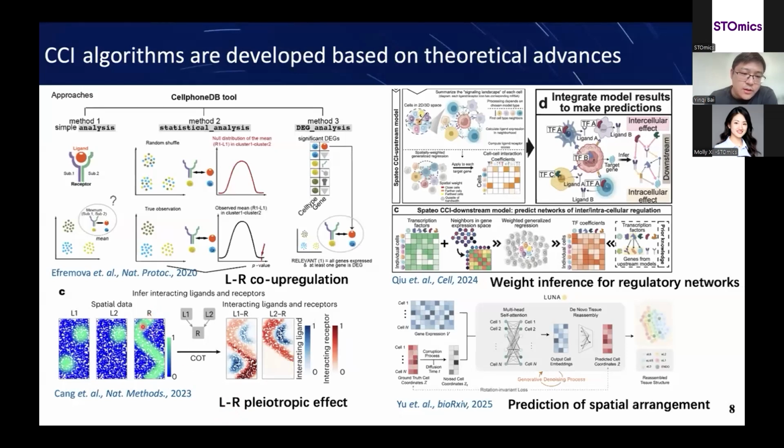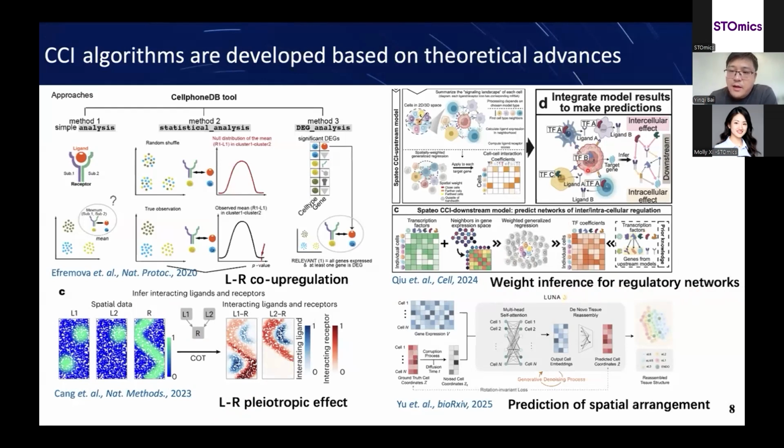In such an algorithm, we will find the more weighted ligand-receptor pairs compared to other pairs. So in Spateo, we advance this concept into inferring all regulatory networks.